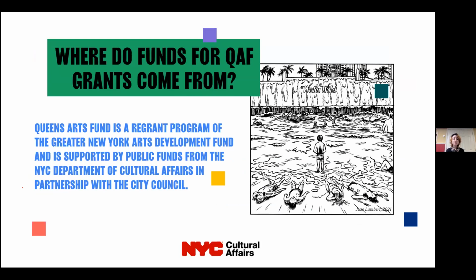Great. So where do these funds come from for QAF? This year, Queen's Arts Fund is supported by DCLA, the Department of Cultural Affairs, in partnership with the City Council. So that means that these grants are publicly funded by the city. They're re-grants, and because they're public grants, they have certain requirements, but really it's public funds going to Queens artists and organizations.